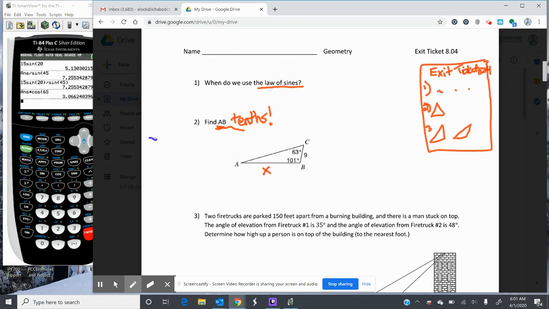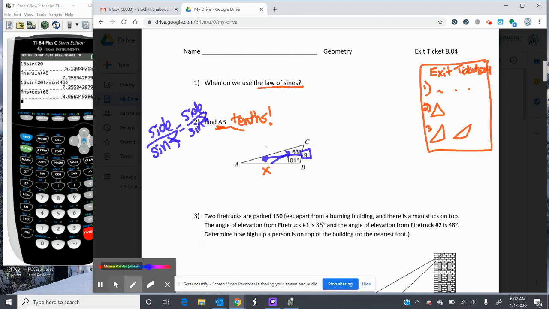So we're thinking a side over sine of an angle equals another side over sine of the angle. So the new stuff we just learned. So X is a side over sine 63 will equal 9 over sine of this angle here.